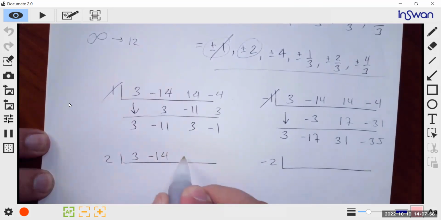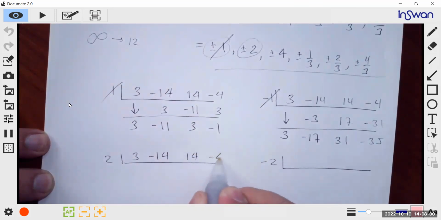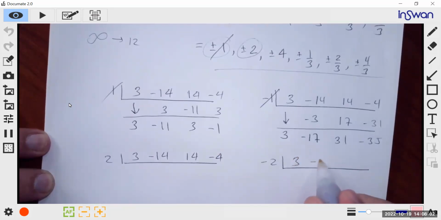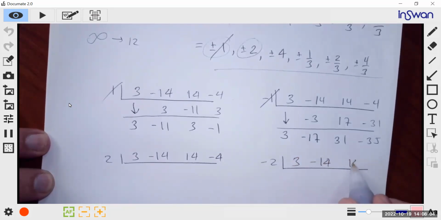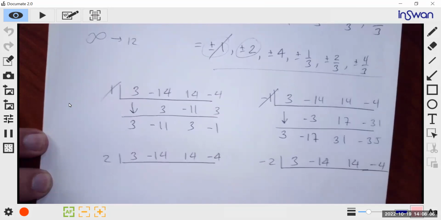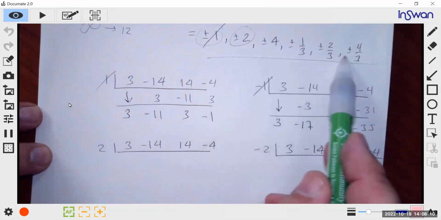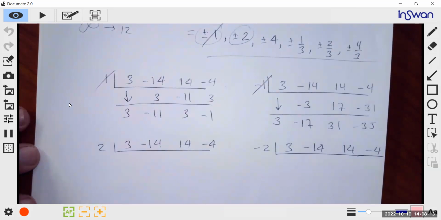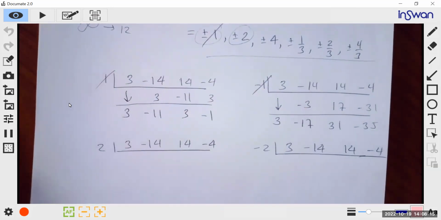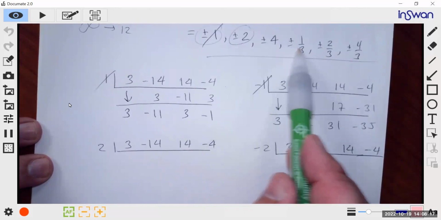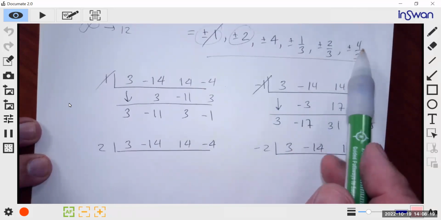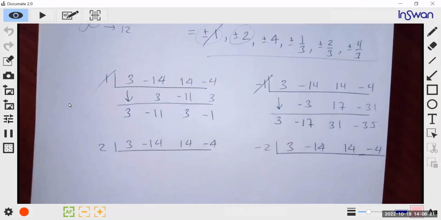Three, negative 14, 14, negative 4. So everybody see what I'm doing? I just go through each one of these pairs of numbers and try to find the one that works. Of course, I do the integers first before I do the fractions, because if it's a fraction, that's pain.